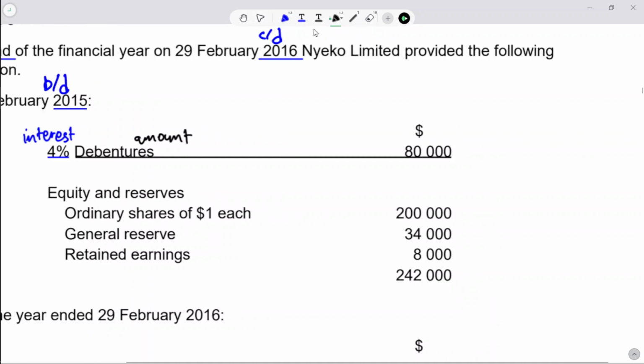So let's work out. 4% times 80k will equal 3,200.